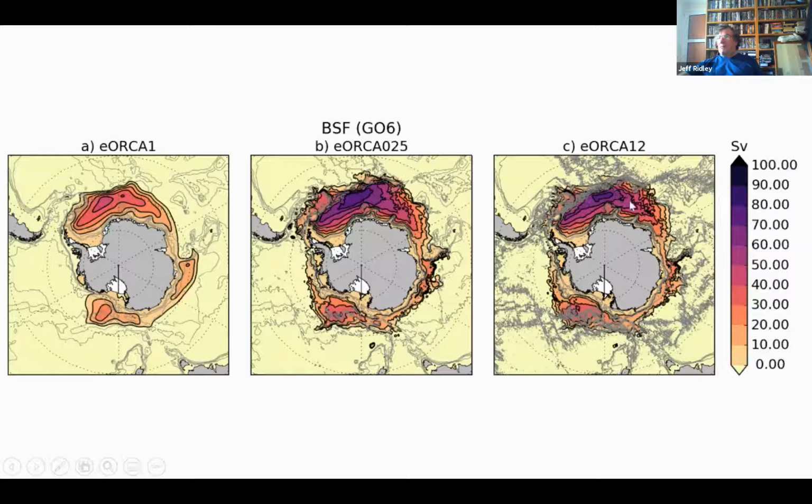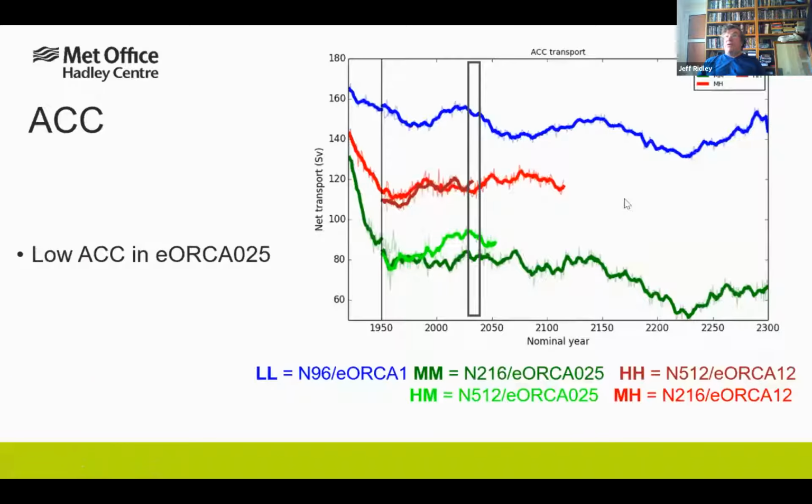It's only slightly improved in the high resolution. When you actually look at the ACC strengths, all the models spin down, because the water on the shelf is freshening. The density gradient is what determines the ACC to some extent.